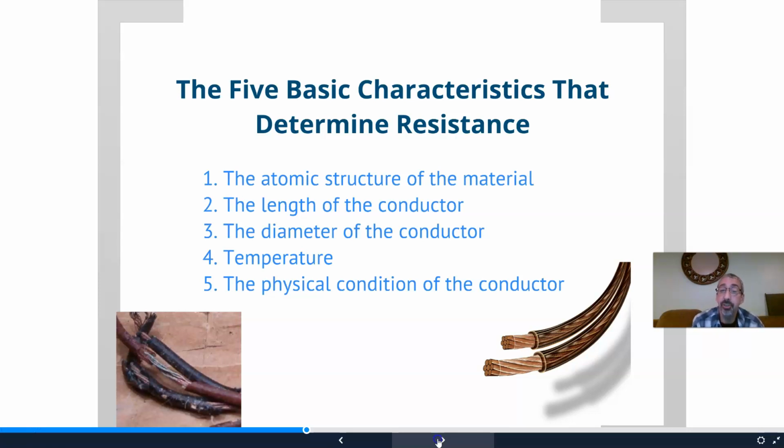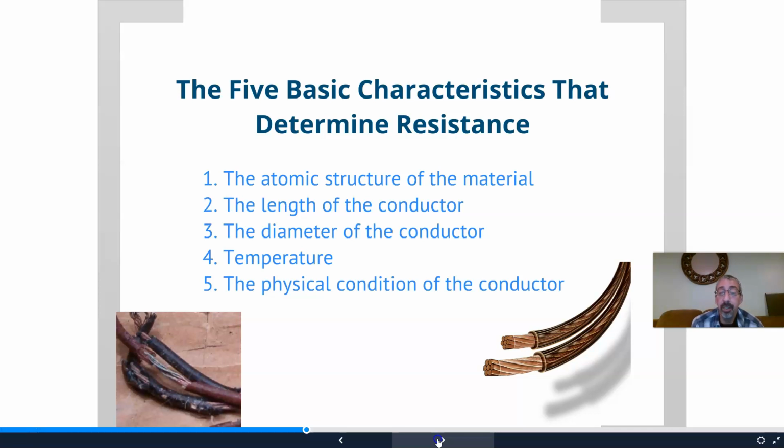First, the atomic structure of the material. If I have a piece of red wire and I decide to replace that wire with a piece of shoestring licorice, do you think it would work the same? Probably not. I don't think it's conductive. Okay, so obviously what it's made out of is going to define whether electrons can flow or whether electrons cannot flow.